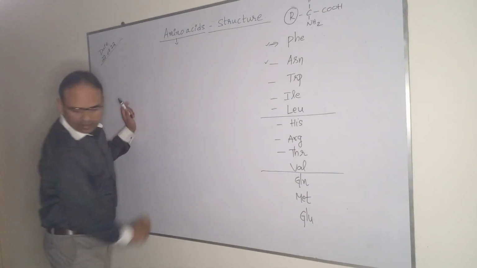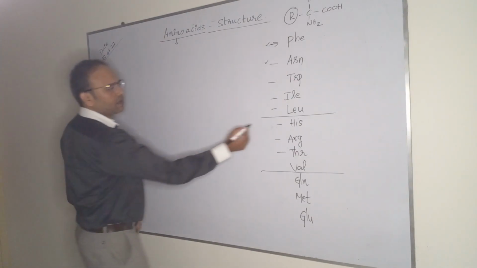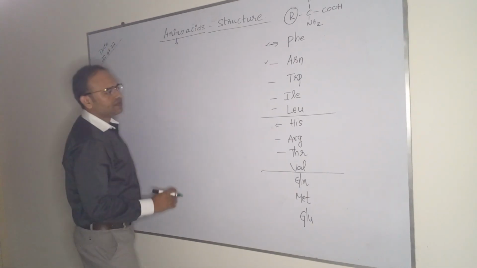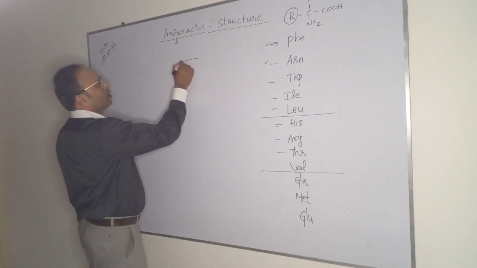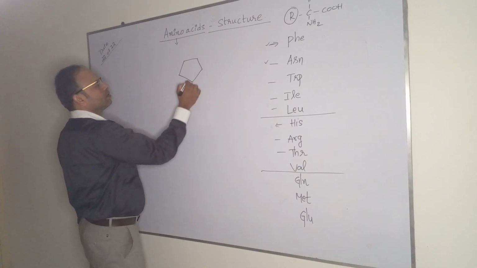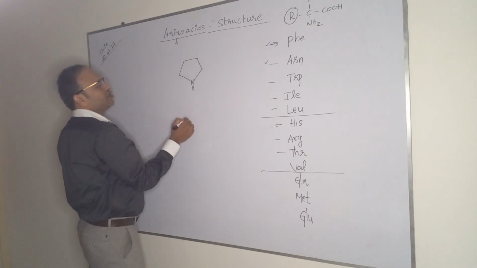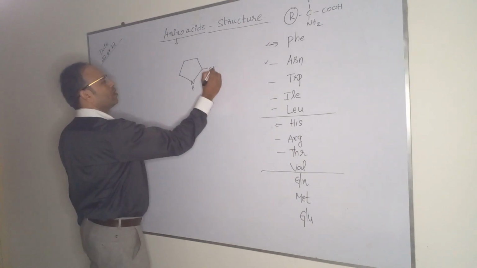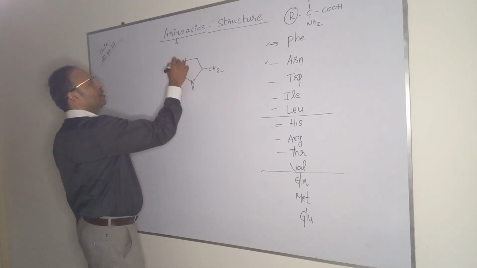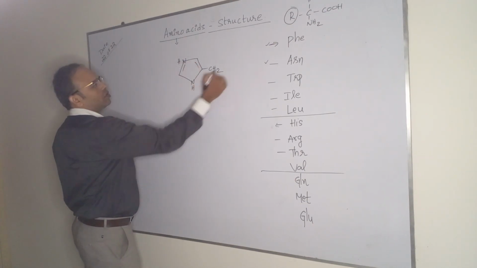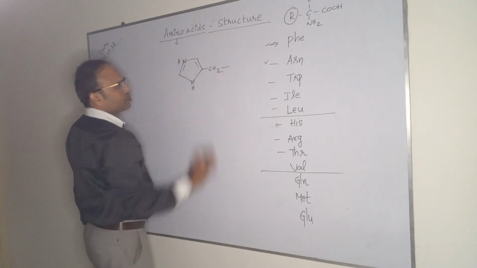Now, the remaining we will write like this. Now we are writing for histidine. Write 5-membered ring, NH, CH2 and NH here. So this will be your R group.